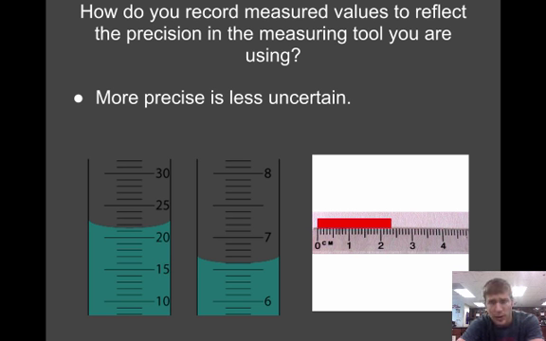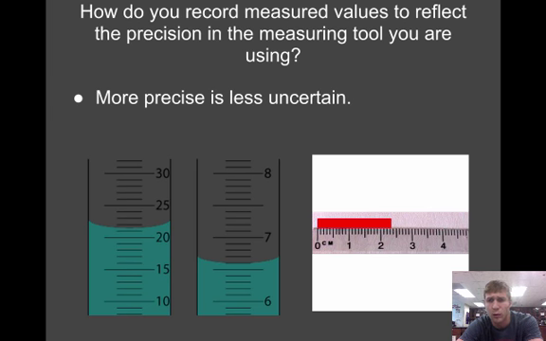So the 10 milliliter graduated cylinder is more precise. That's because we're estimating to 1/100th of a milliliter with a 10 milliliter graduated cylinder, where we're only estimating to 1/10 of a milliliter in the 50 milliliter graduated cylinder. So the 10 milliliter graduated cylinder has less uncertainty.